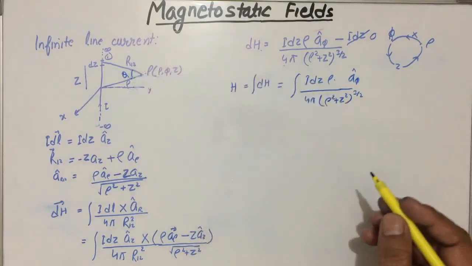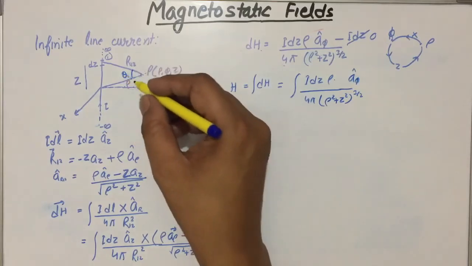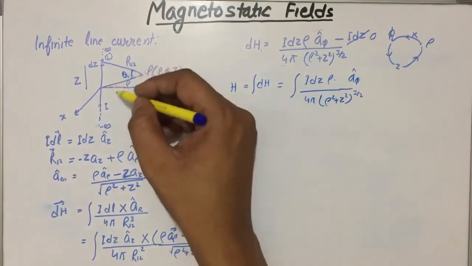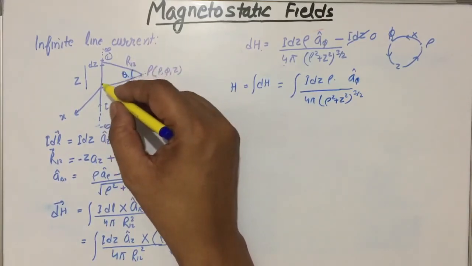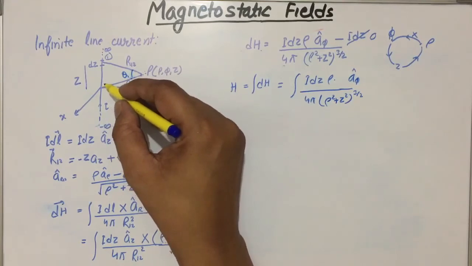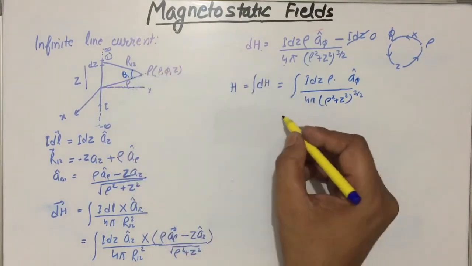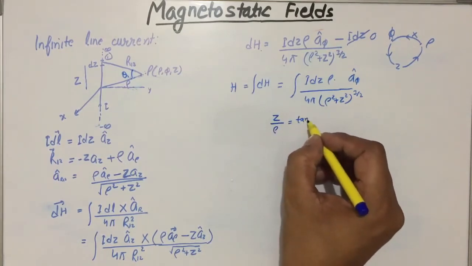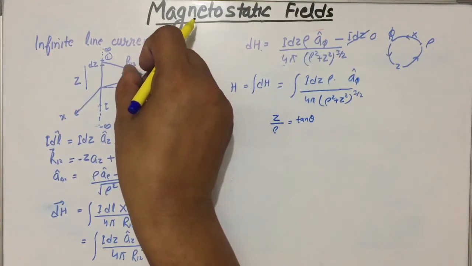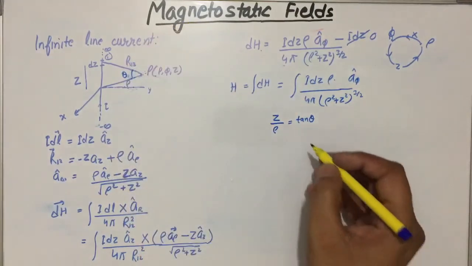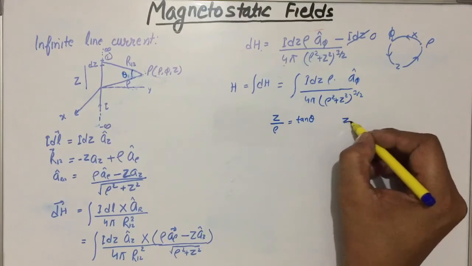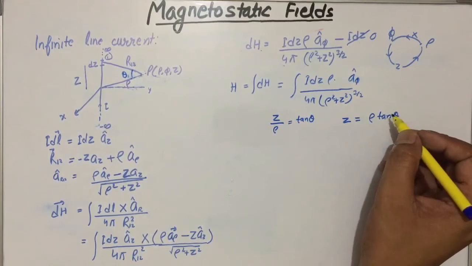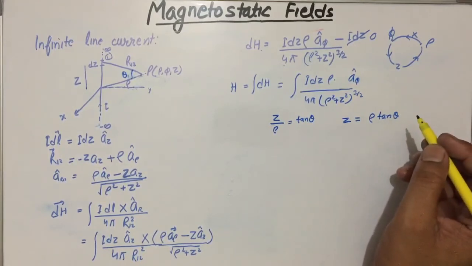If we assume this theta, and from here this is rho, this is z, and this is 90 degree, then theta can be written as z by rho is equal to tan theta. Keep it as theta, not theta 1.